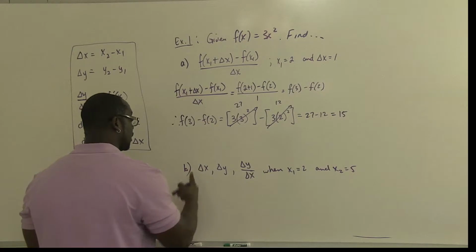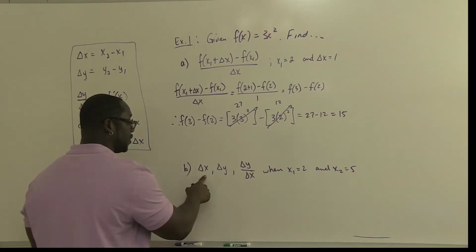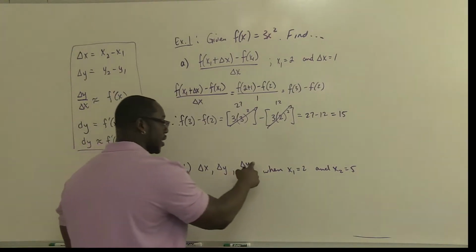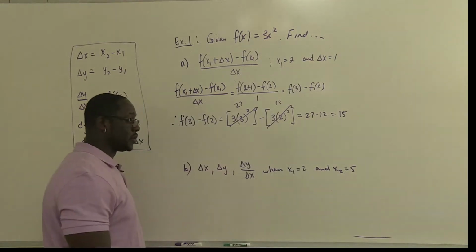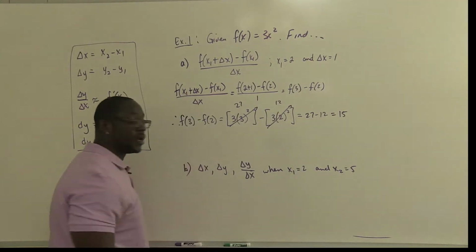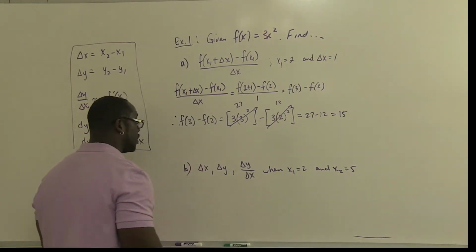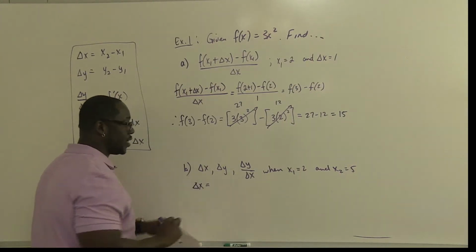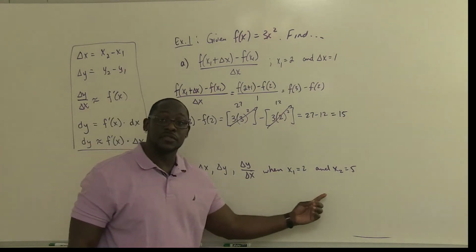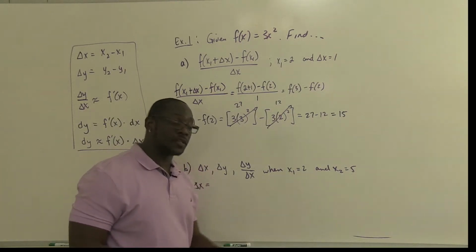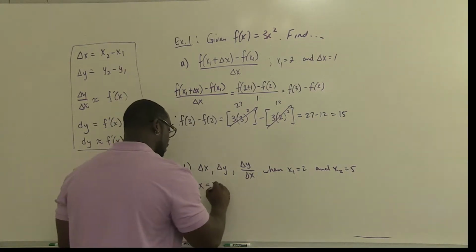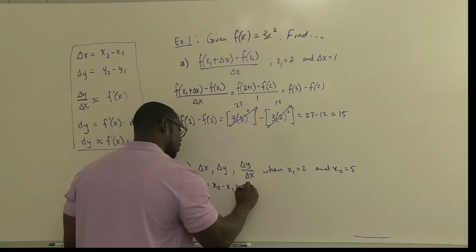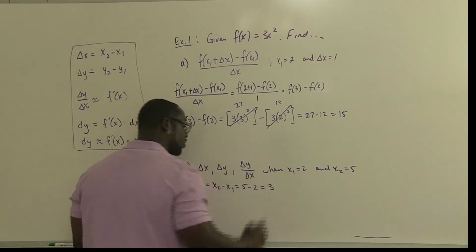So the second one, we want to calculate what delta x is, delta y, and delta y divided by delta x when x1 is 2 and x2 is 5. So if we start off here, we see that our delta x is going to be the difference between x2 and x1, x2 minus x1. So that will be 5 minus 2, which is 3.